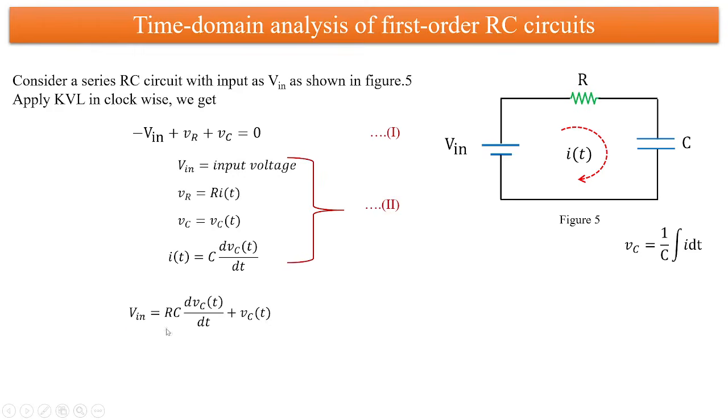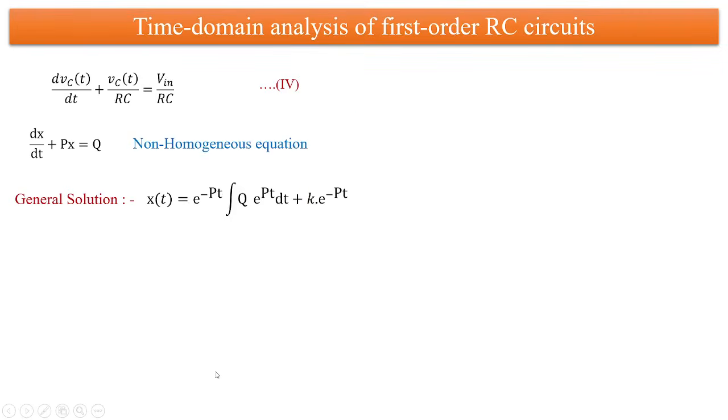Then I'll get V in is equal to R, which is nothing but this resistor, multiplied with I of t. This I of t is nothing but C dVc(t) by dt plus Vc of t. What I'm trying to do is frame equation 3 as a non-homogeneous equation which is shown in 4. Now again, this is a non-homogeneous equation.